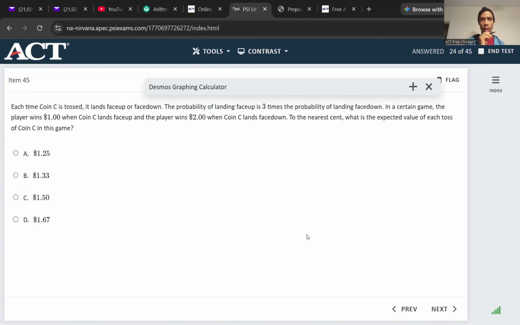I think expected value, I can't remember. I remember this equation, I had to look it up. But the probability of landing face up is three times the probability of it landing face down.